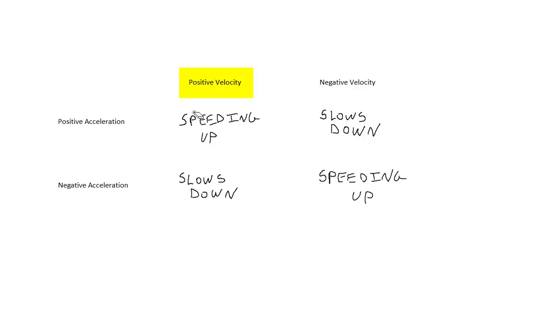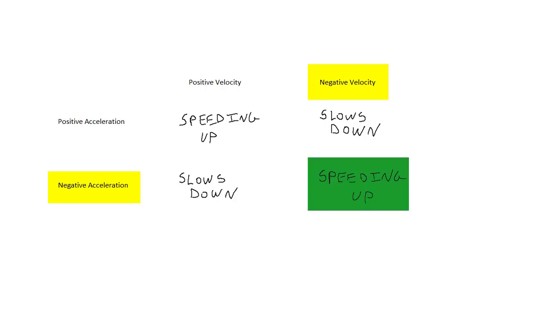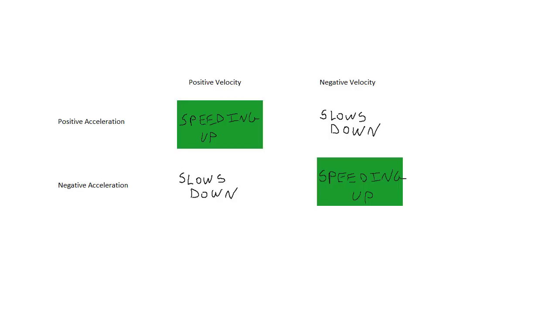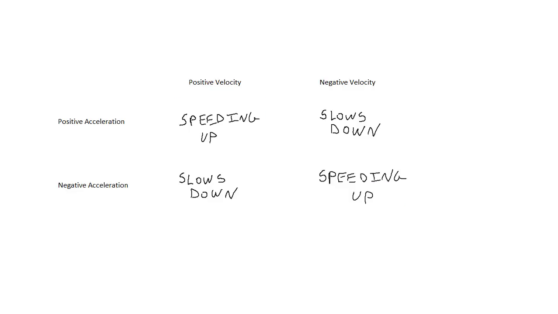So we have a positive velocity and positive acceleration for this speeding up scenario and a negative velocity and negative acceleration for the other speeding up scenario. So that tells you that whenever the direction of the velocity and acceleration match, you will get a speeding up situation. The object will get faster as a result.